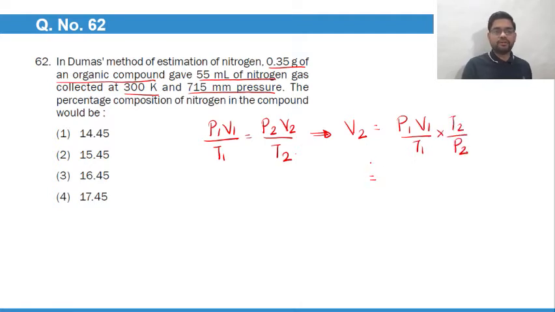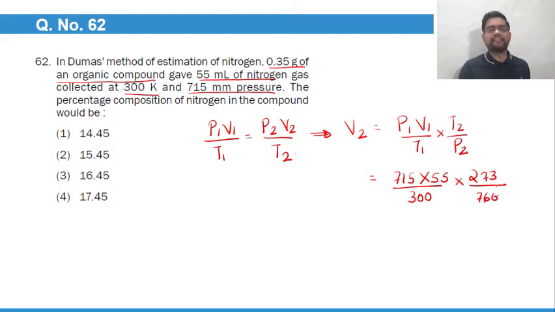That is equal to, what is P1 equal to? That is 715 into 55. The temperature is around 300, into T2 is 273, whole divided by the total P2 pressure will be how much? 760, at STP.